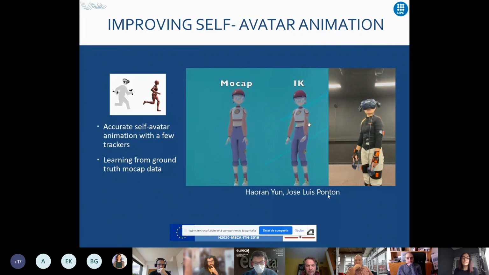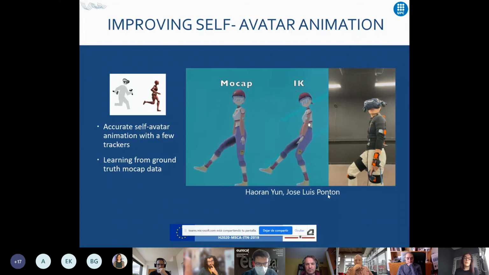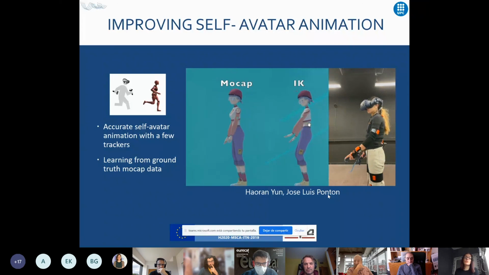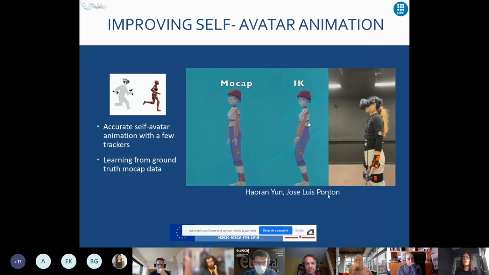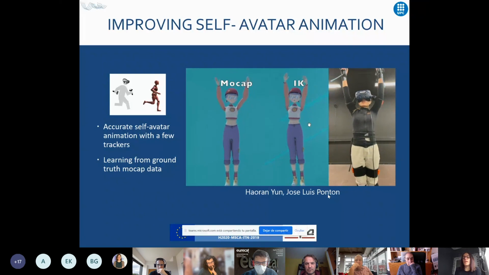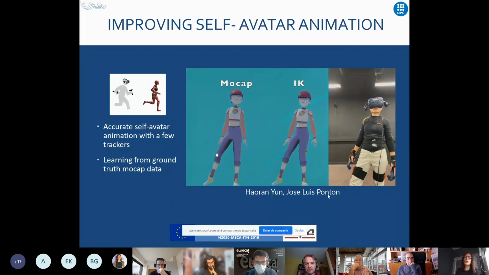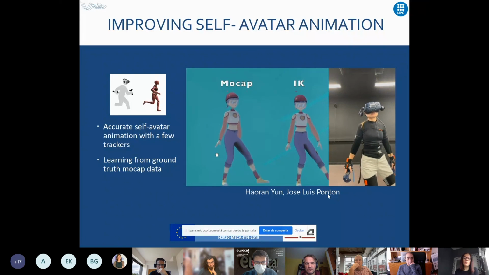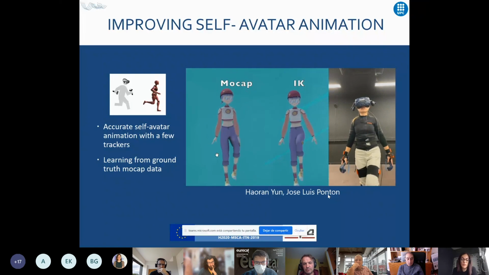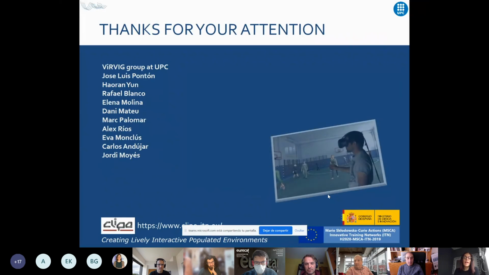And it would be nice if we could have a large database of ground truth mocap data in interactive virtual reality, that we could then use to train machine learning algorithms to have animations as good as possible with this sparse input data, or even with the noise that might come from these sensors due to occlusions or interferences with other elements in the room. So this is something we're working on at the moment as part of this ITN network that we currently have.